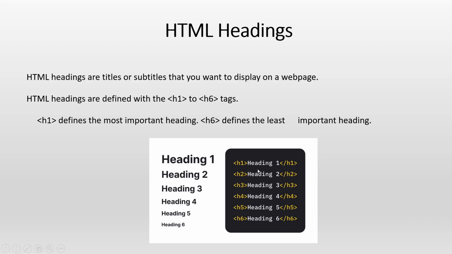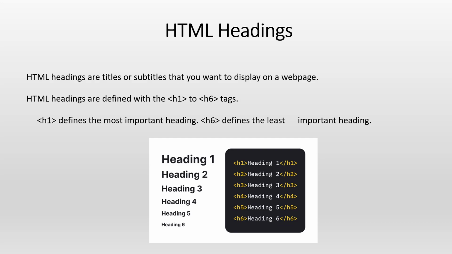After that, for heading two, the output would be like this. As the numbers H1, H2 increase, the size of the heading decreases. There are six kinds of tags, and the bigger the tag, the more important it is.